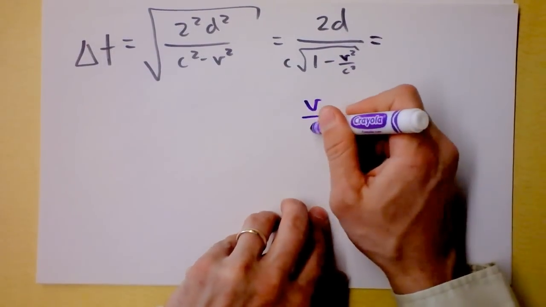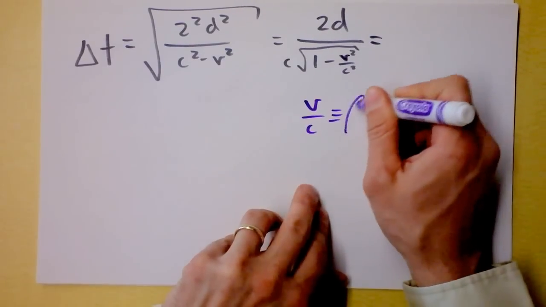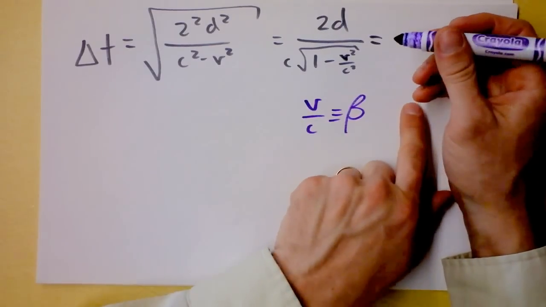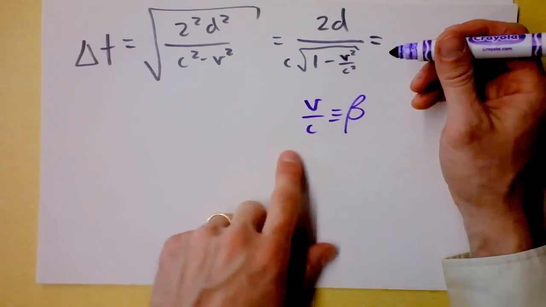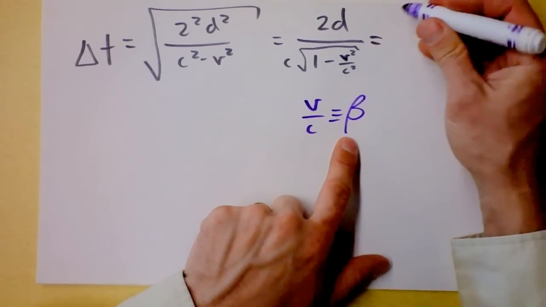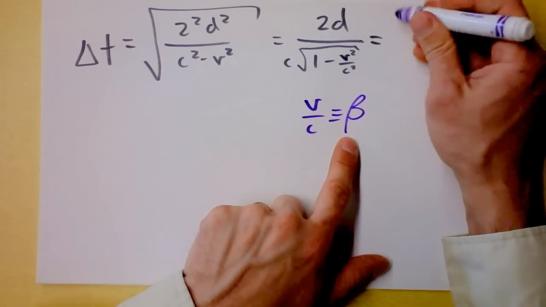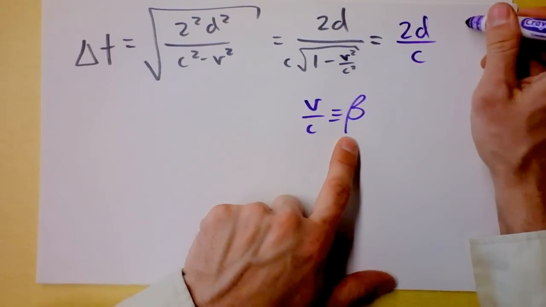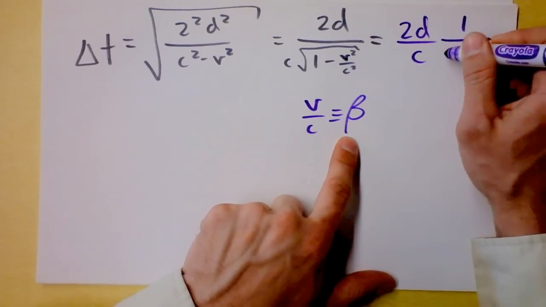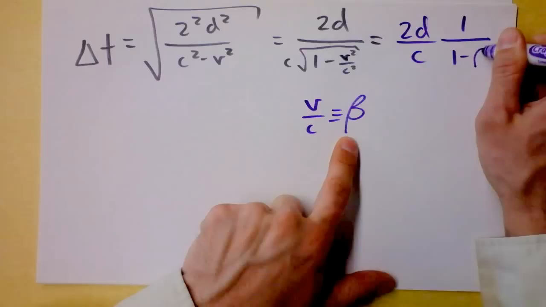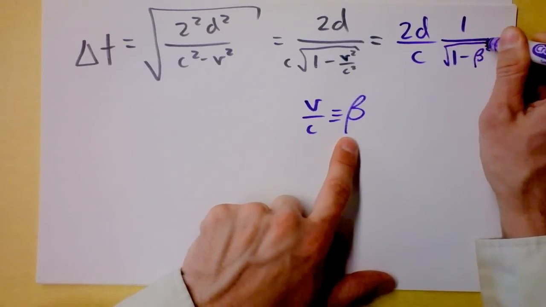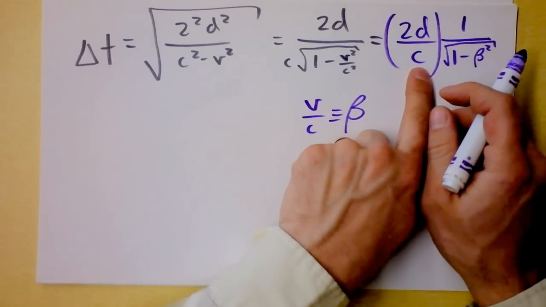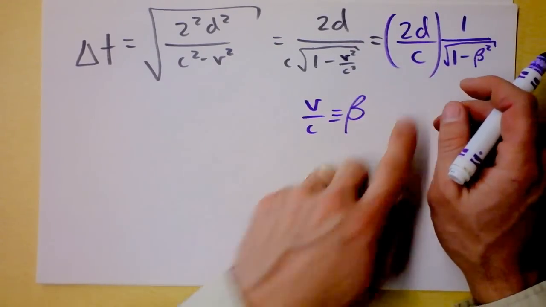I'm going to define it to be beta, the Greek letter beta right there. I'm going to plug in, is that capital? I think it might be lowercase. I don't even know. Look it up. So this then becomes 2 times d over c times this funny thing. It's going to be 1 over the square root of 1 minus beta squared. I'm going to put that in parentheses and ask you if you've ever seen 2d over c before.